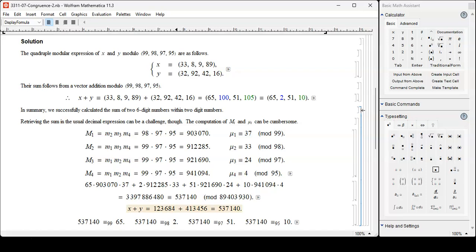So 6-digit number inputs were made, and the computer has capacity only for 2-digit number computation, and we can still do it thanks to this Chinese remainder theorem.